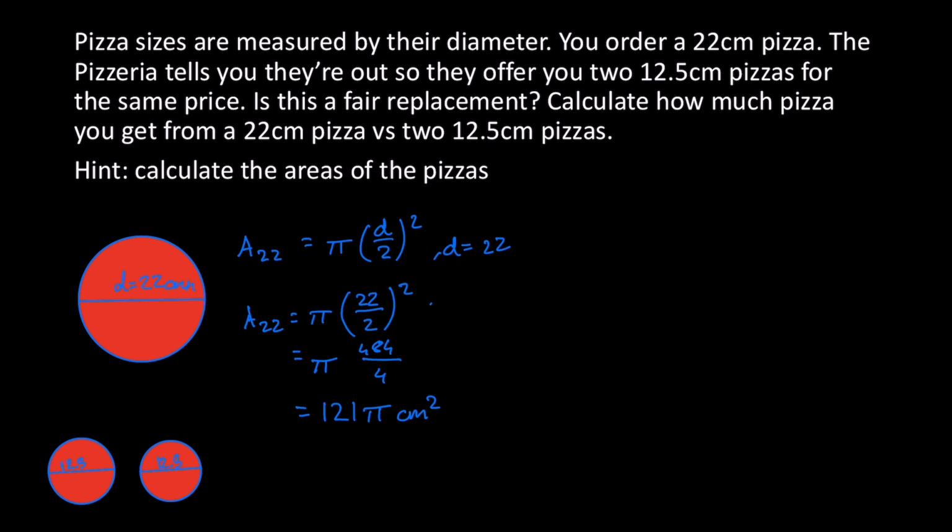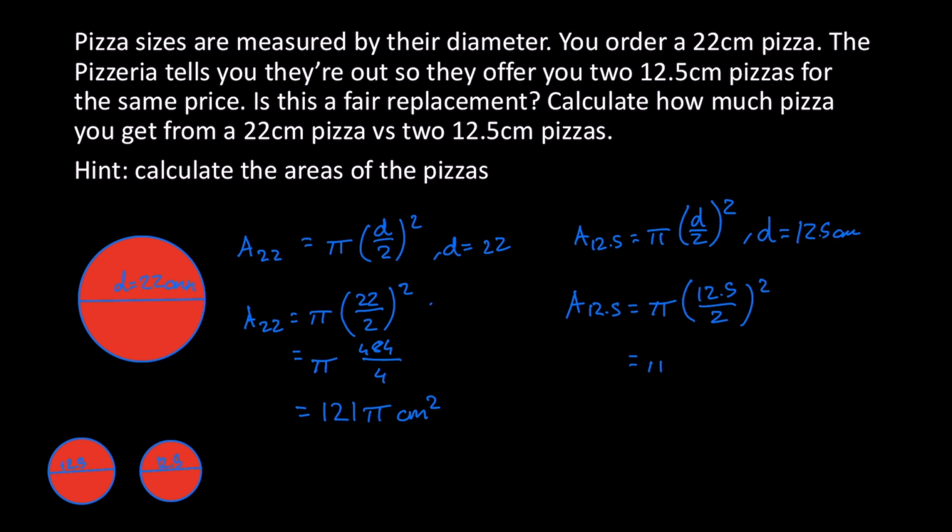Okay, now let's calculate the area of a small one. So the area of a small one, we are again gonna use the same because we are given the diameter, but this time it's only 12.5 centimeters. So the area of a 12.5 is equal to pi times 12.5 over 2 squared.